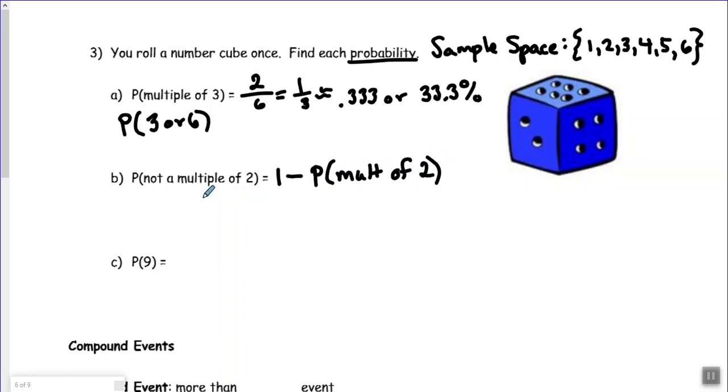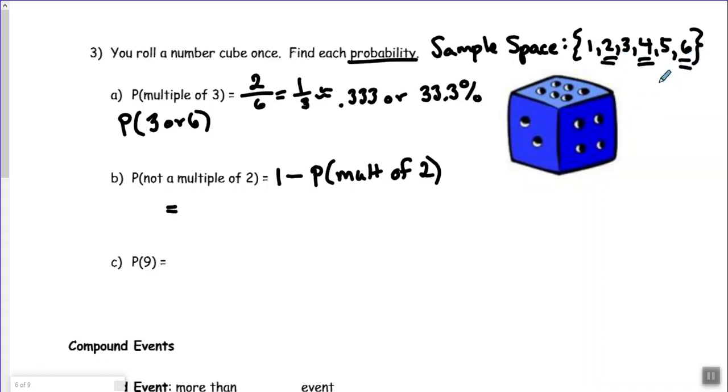You don't always have to use this complement definition, but I'm using it in our notes so that you will get used to using it. So here I need to find the multiples of 2. Well, how many are there? 2 is a multiple of 2, 4 is as well, and so is 6.